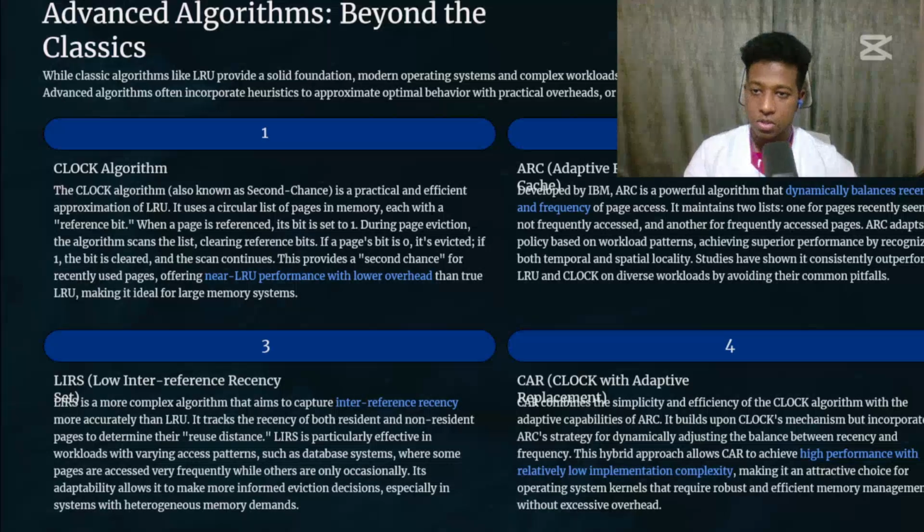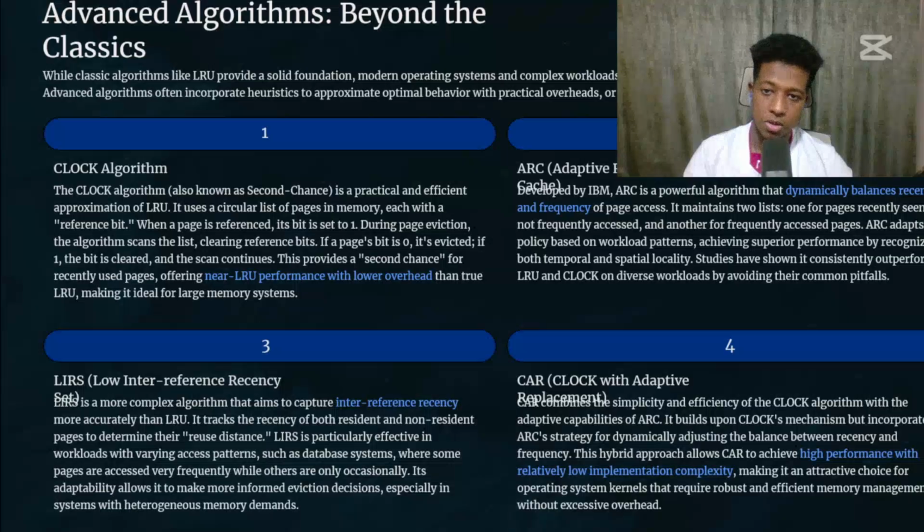The clock algorithm, also known as second chance, is a practical and efficient approximation of LRU. It uses a circular list of pages in memory, each with a reference bit. When a page is referenced, its bit is set to 1. During page eviction, the algorithm scans the list, clearing reference bits.